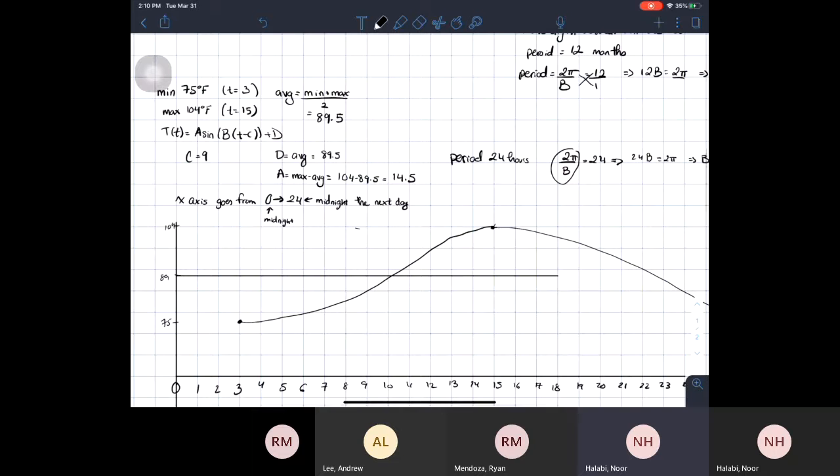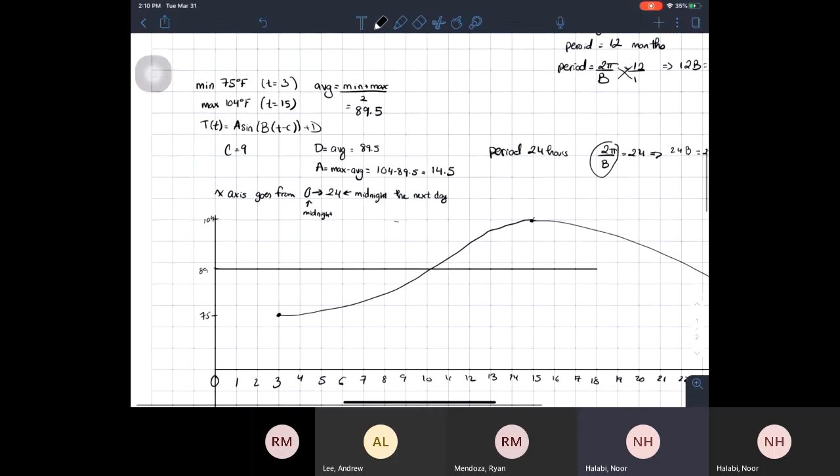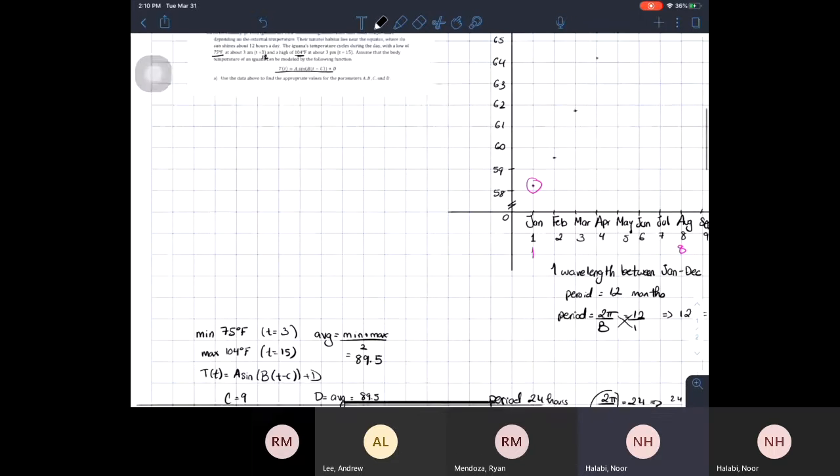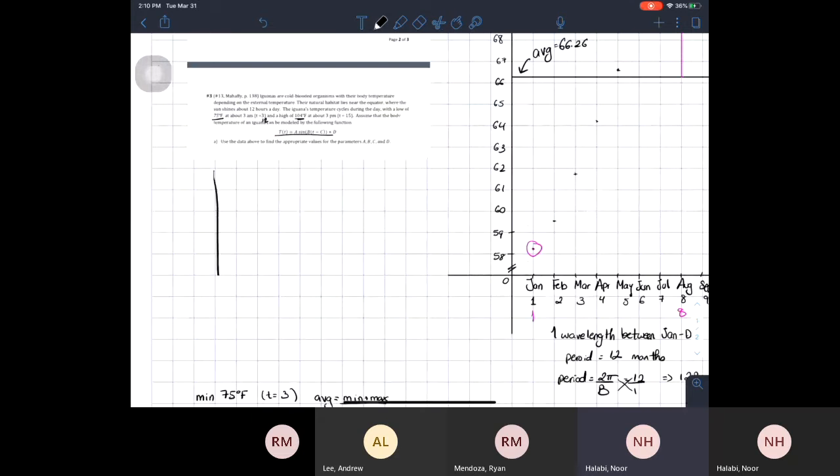First of all, let's remember what a cosine graph looks like. Unlike cosine graphs, sine graphs actually start from 0. So you go 0, 1, 0, -1, 0. It looks something like this.